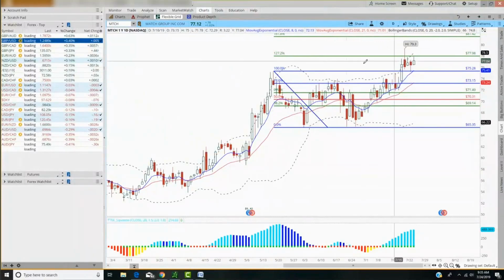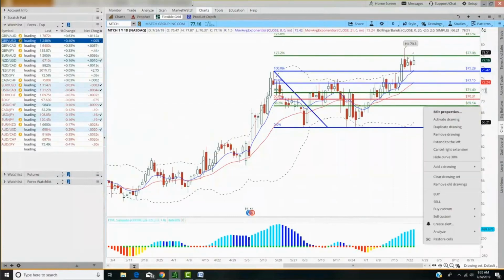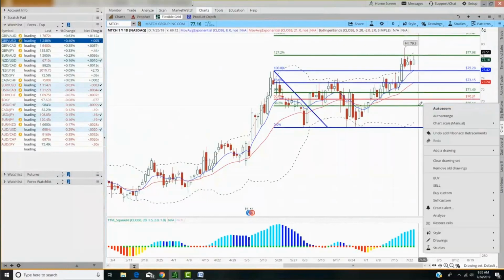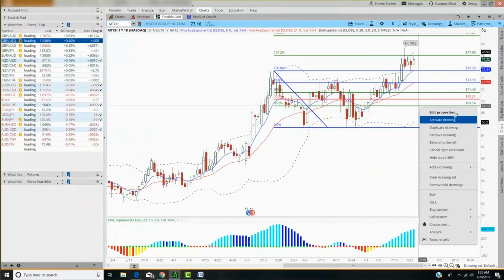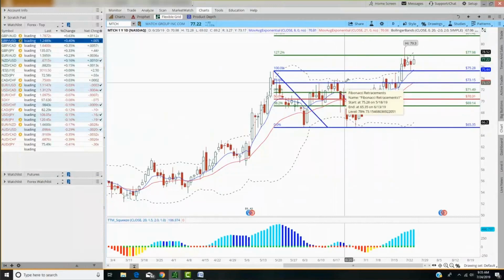Now, there's a lot of lines here. I think I told you in another video, if you hit your control bar and you left click... Sorry, you have to do it at the same time. Sorry, I've got my Fibonaccis pulled up. Never mind, that's not working. There's a way in Thinkorswim to remove these lines.